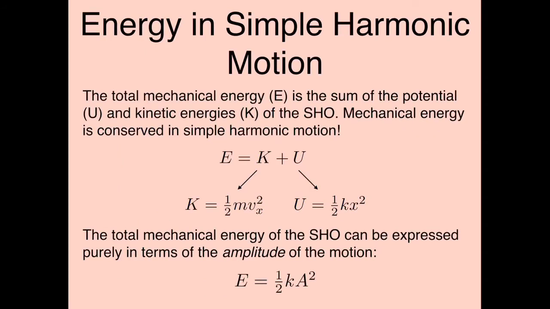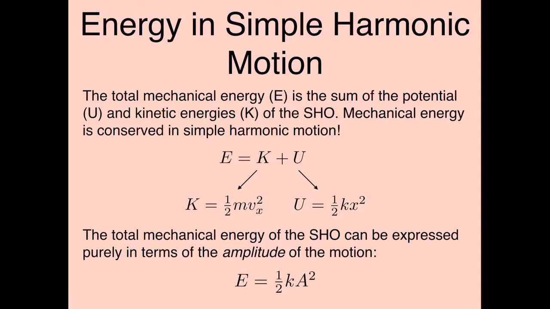Okay, now what about energy in simple harmonic motion? Well, the total mechanical energy, which we call E, is the sum total of potential and kinetic energy. In other words, E is equal to K plus U. And since we're assuming that there's no friction or air resistance to speak of, once we set our system in motion, mechanical energy is going to be conserved.